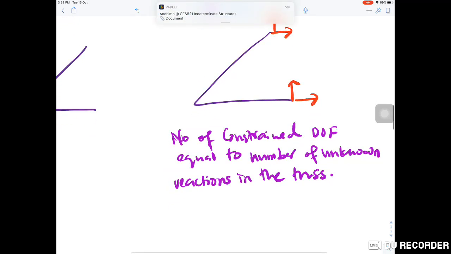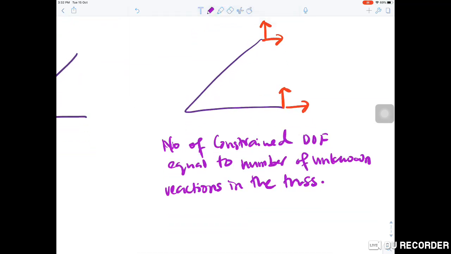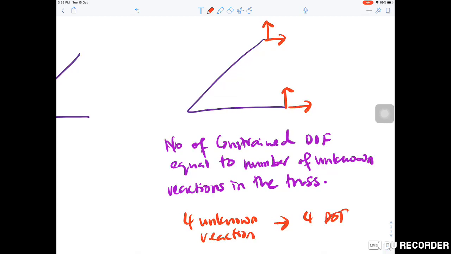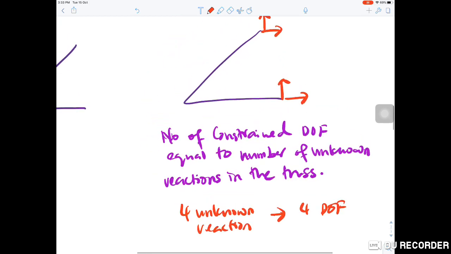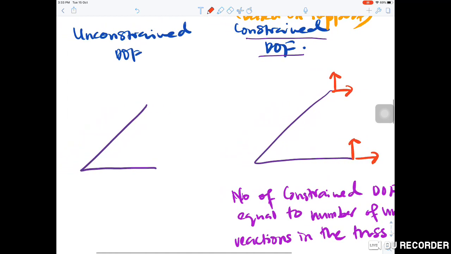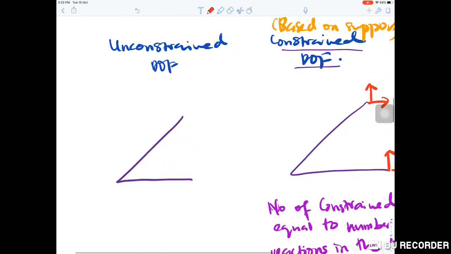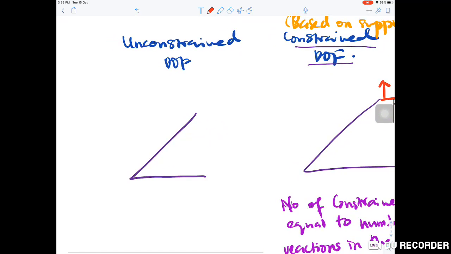So conventionally there are 4 unknown reactions, which means 4 DOF in the constraint system like this. Since we know that the total is 6, the remaining 2 DOF we need to fill in the other system, which is the unconstrained degree of freedom system.